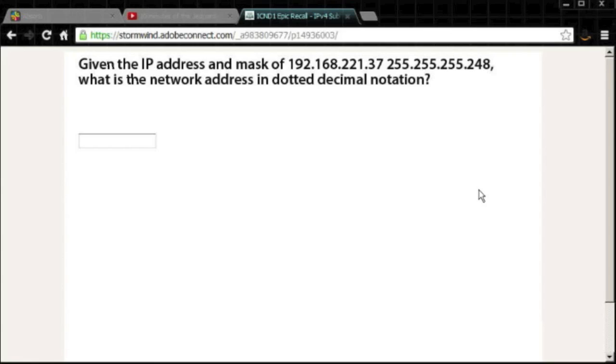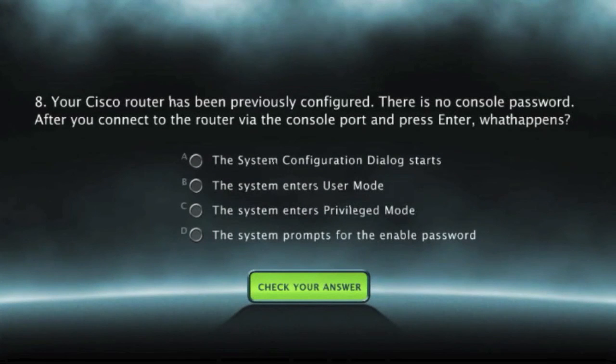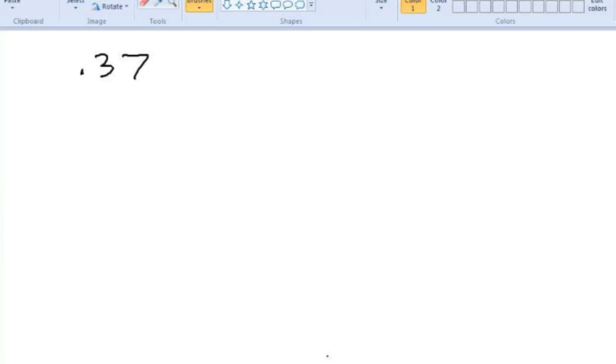That's really the only piece of information on there that's relevant to us. So the .37 and then the .248. So how much subnetting did we do?